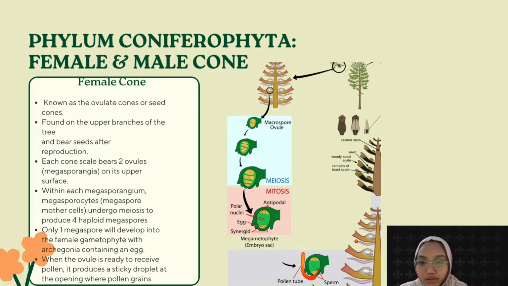Only 1 megaspore will develop into the female gametophyte with archegonia containing an egg. After that, the ovule is ready to receive pollen by releasing a sticky droplet on its opening to help the pollen grain land on it.